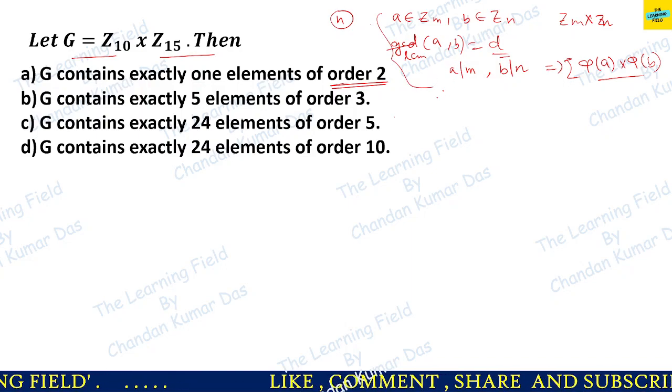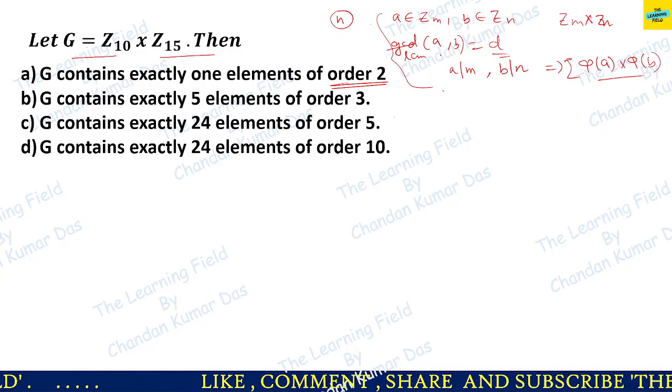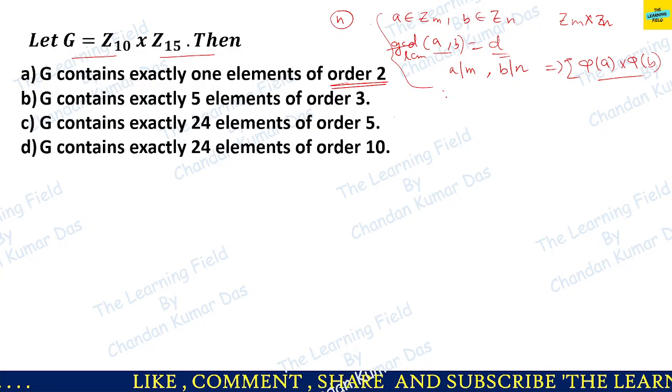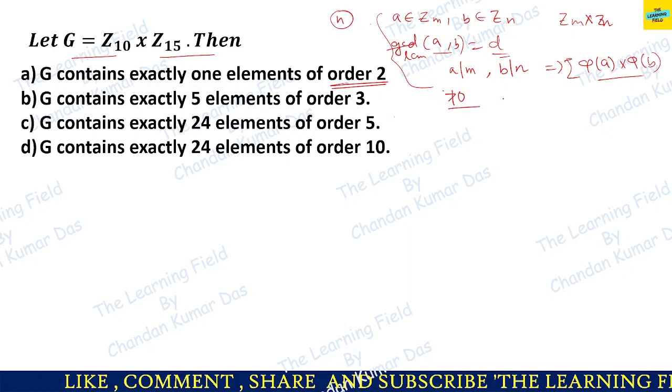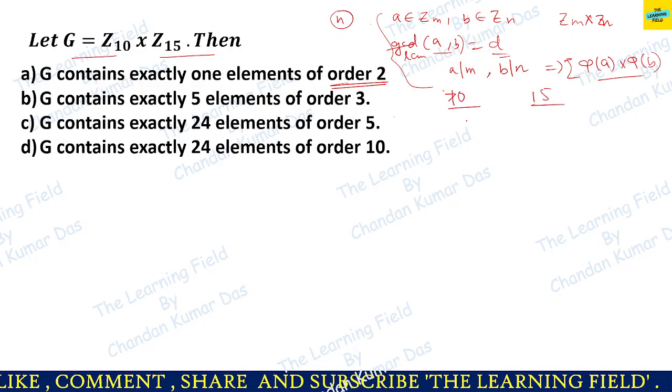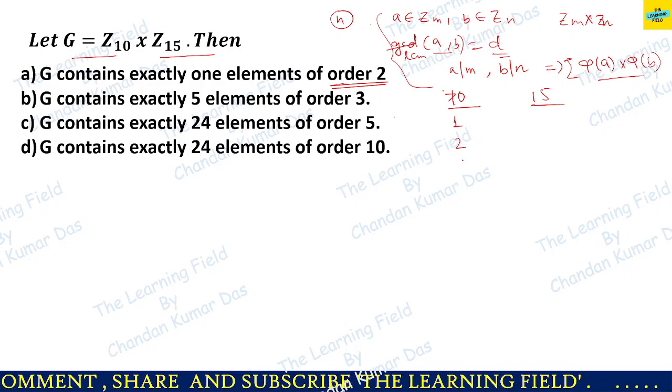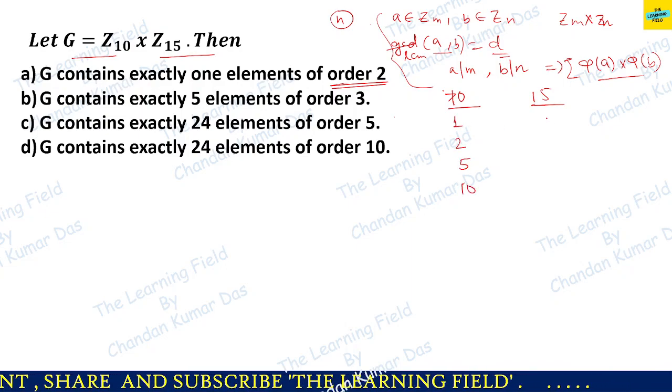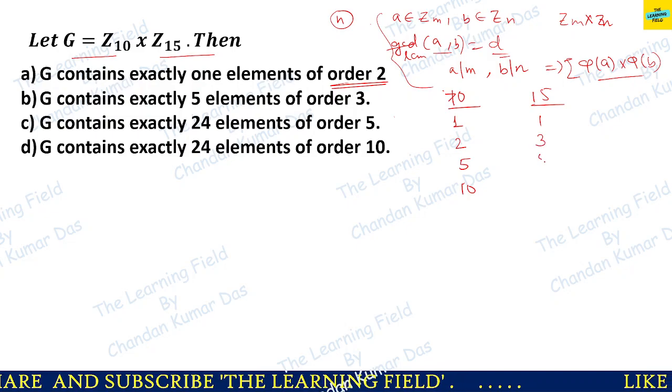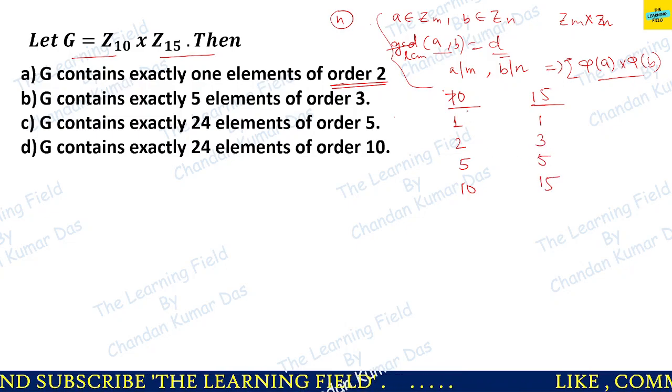Now the application. We first find a and b. How to find a and b? We write the divisors of 10 and the divisors of 15. So 1, 2, 5 and 10 are the divisors of 10, and 1, 3, 5 and 15 are the divisors of 15.